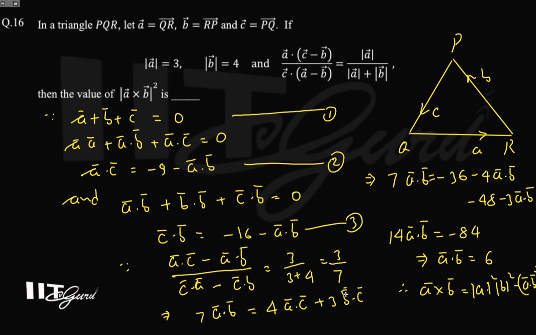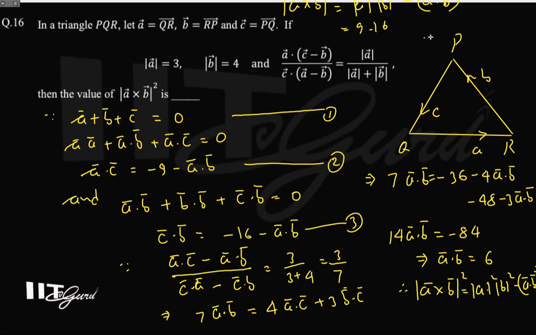So finally, let me write over here, A cross B, what you have to find over here. So A cross B, you have to put mod whole square. So I am repeating over here, A cross B mod whole square, that is mod A square mod B square. Let me note down once again, mod A square into mod B square. These values are known, that is mod A square is 9, this one is 16, and here minus A dot B, and that is whole square.